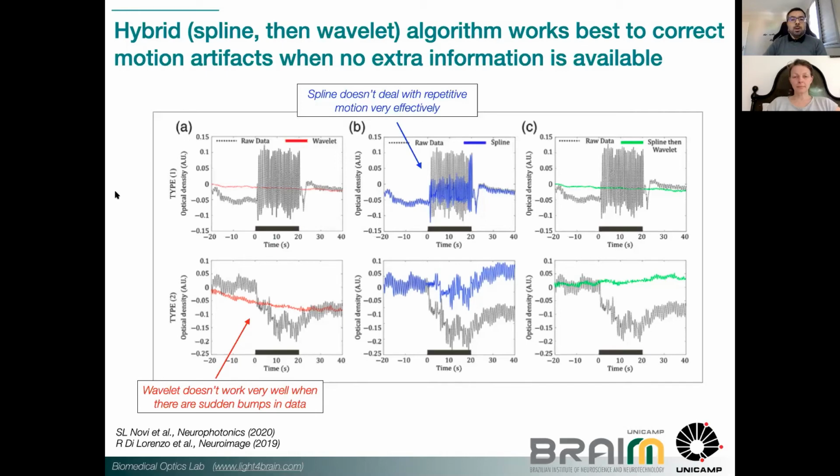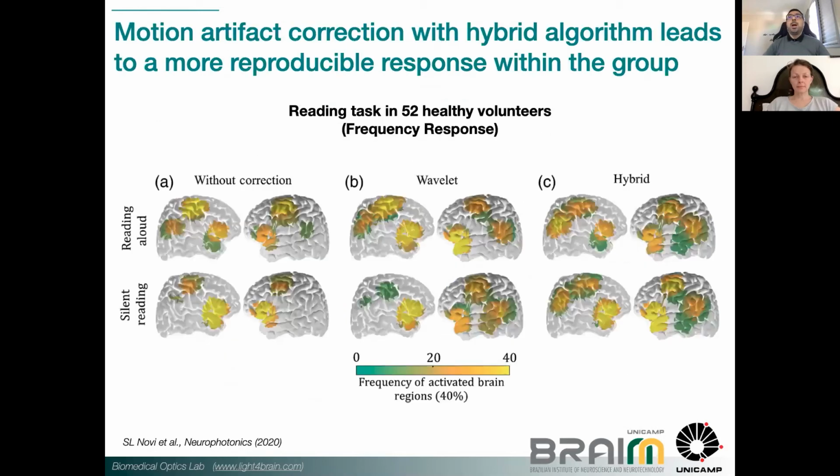This is something we realized, and it worked very well for this task. We tried a different algorithm as well, proposed in the literature, called CBSI, correlation-based signal improvement. It didn't work as well, and that's why we didn't use it to correct the data here, but it is something we looked at.